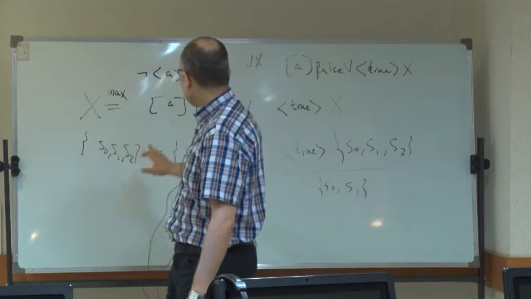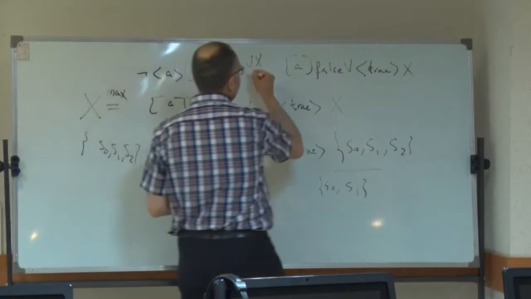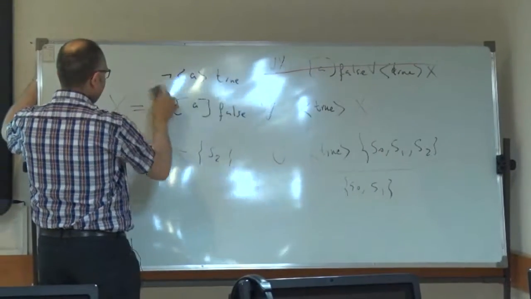Okay? Now, let's calculate the minimal fixed point. So the conclusion was that the maximal fixed point is not what you're looking for here, right? Because it does not satisfy our intuition. So now we want to go for the minimal fixed point.